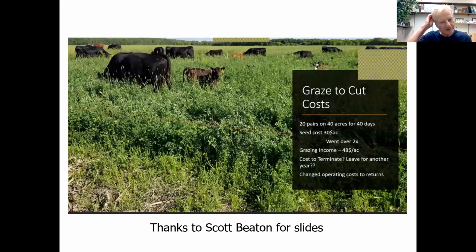And I just want to share an example from the Beaton farm just north of Winnipeg. Thank you to Scott for these 2 slides. Scott Beaton and his family have an organic farm, and they have been grazing cow-calf pairs as a way of making their green manure legume more profitable.